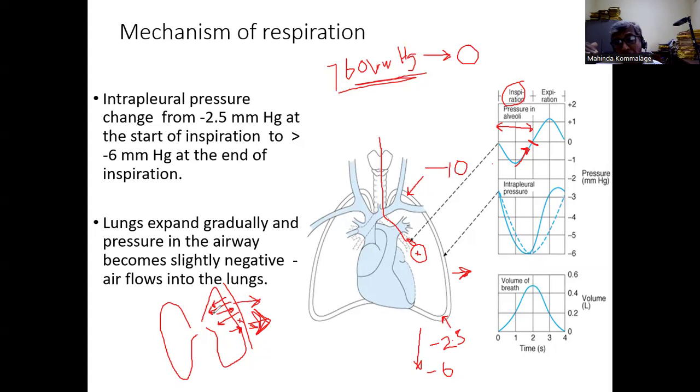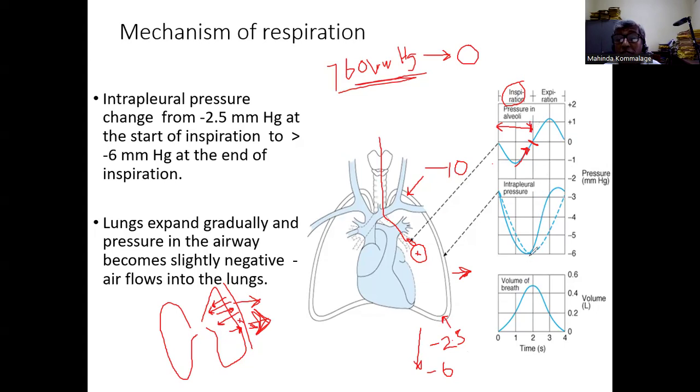Balance means our muscle effort and the elastic effort of the lung, which we call recoil pressure, come to equilibrium. Beyond that, we cannot expand the lung. And so we stop the expansion and come to the end of the inspiration. End of the inspiration is here.